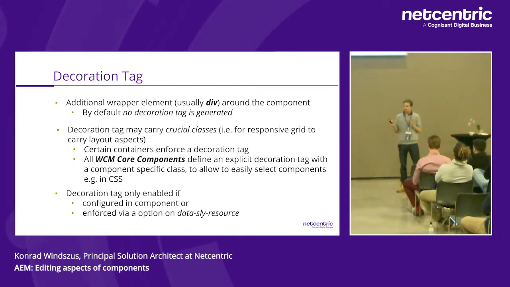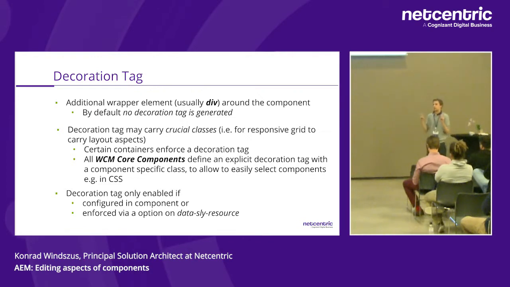Then there is a mode for that so that the editor can really do that. So this is now a configuration thing. And this is encoded actually in CSS classes which are being contained in the decoration tag. So there are some very good use cases where you cannot actually prevent the decoration tag from being emitted, especially if you're talking about components which are directly included in a parsys or in a responsive grid.